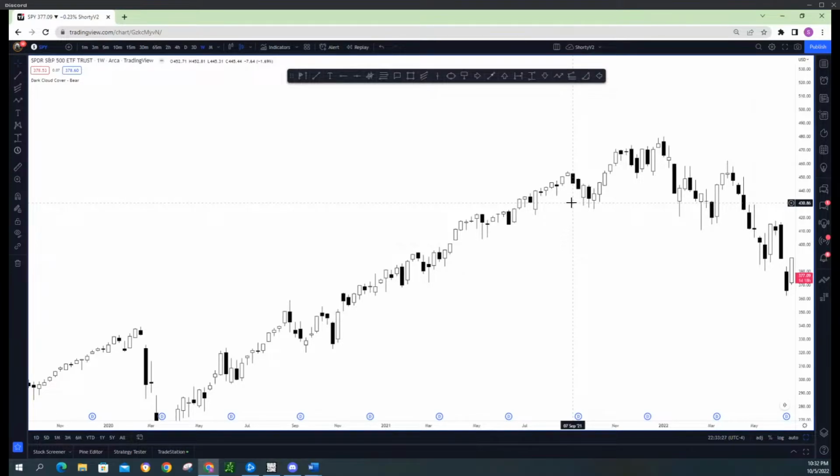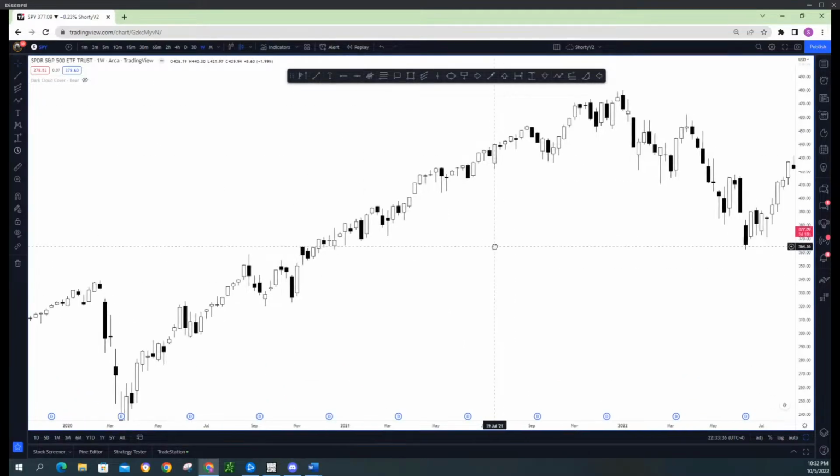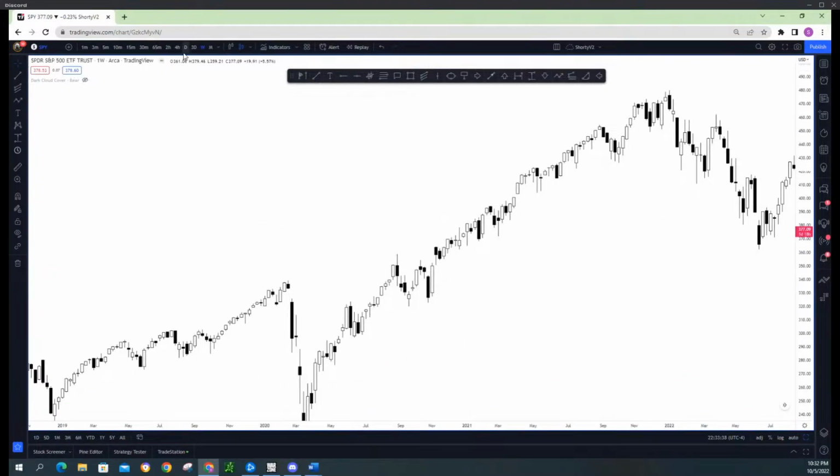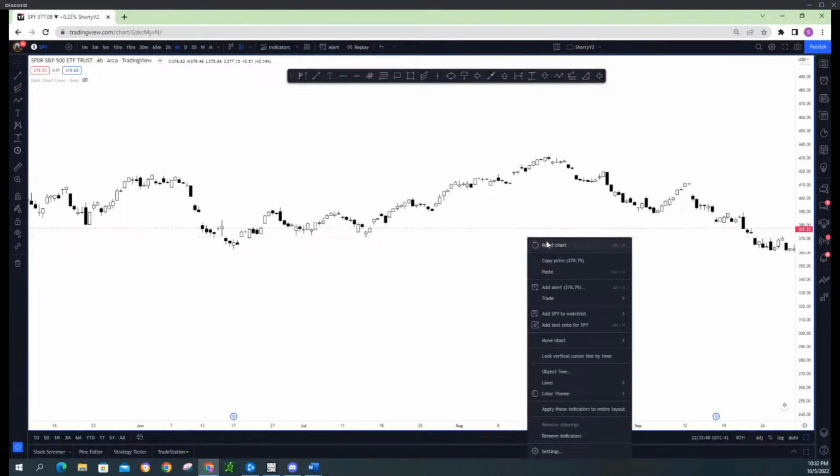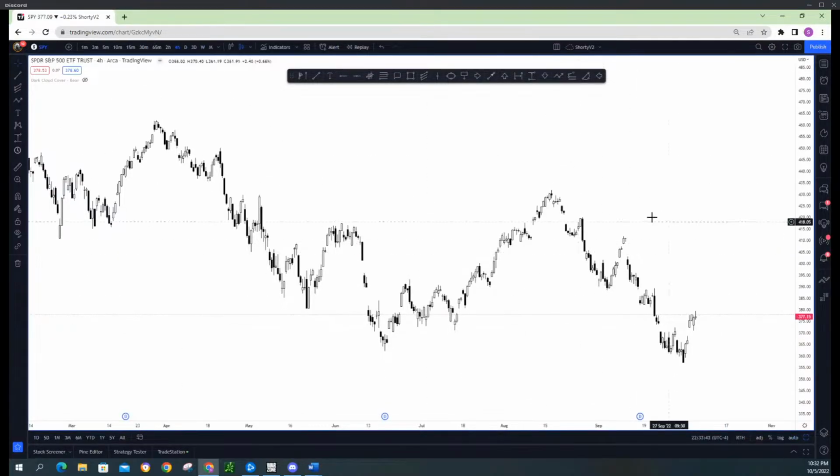Okay, so I'll replace fibs with that then. I don't know, because I don't know if you're looking for support and resistance. To me, there's no better support and resistance than telling me where the highest volume traded.